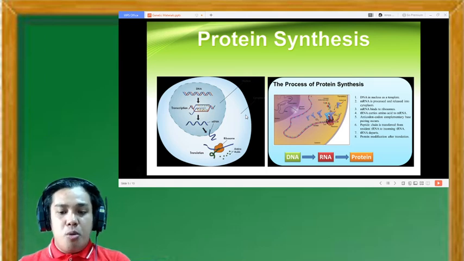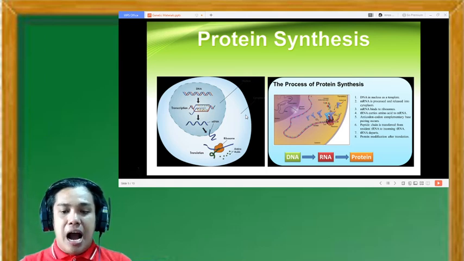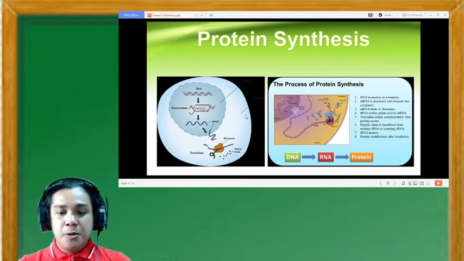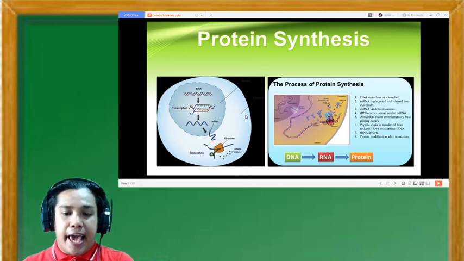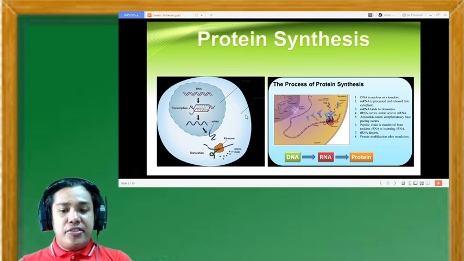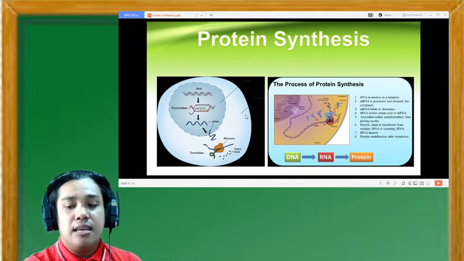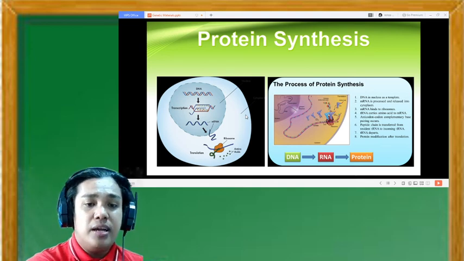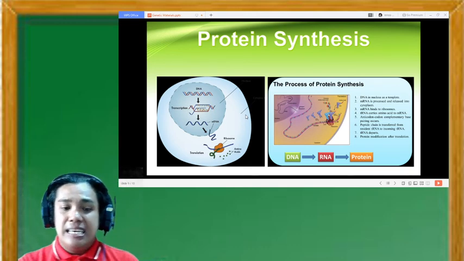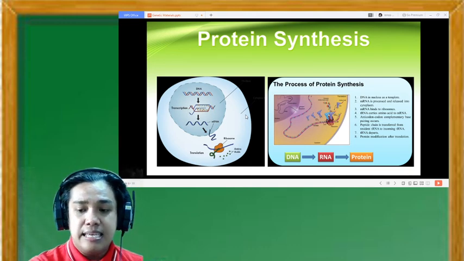Then the ribosomal RNA, or the rRNA, reads the copied information from the mRNA as codon code, which contains three consecutive nitrogen bases. Okay. Next one, we have the translation.